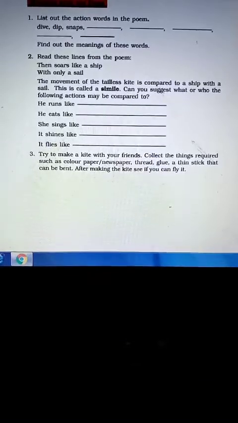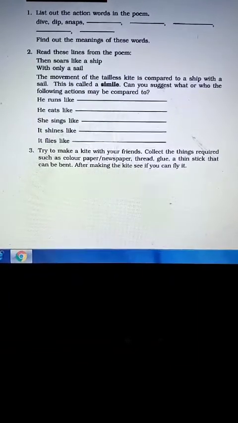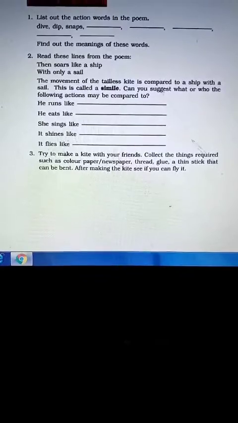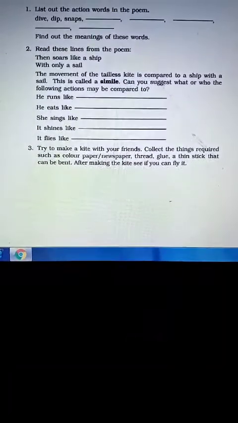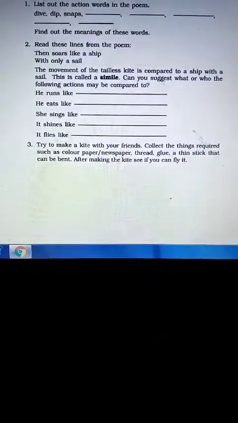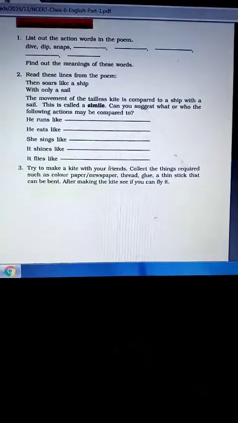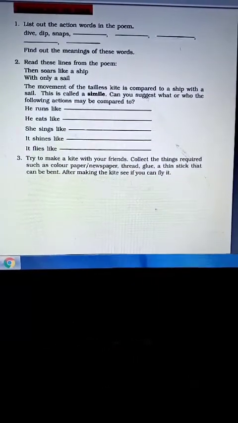Collect the things required such as color paper, newspaper, thread, glue, a thin stick that can be bent. After making the kite, see if you can fly it. Being a student of English, you can also note down the procedure by writing instructions of flying a kite.